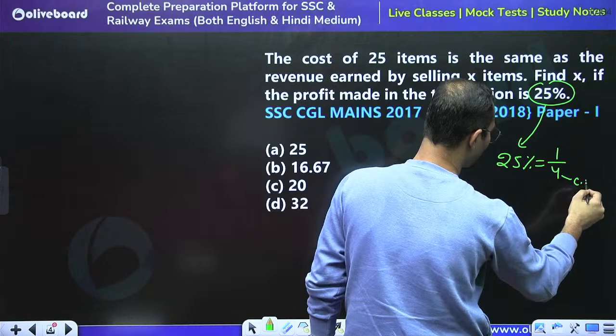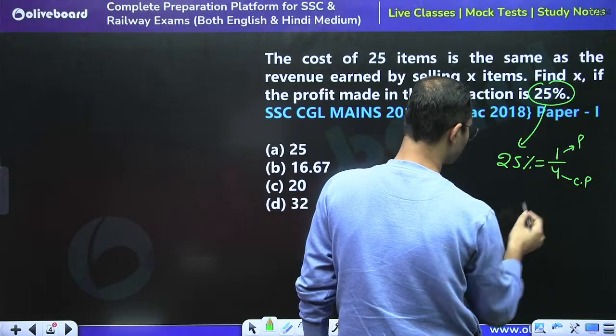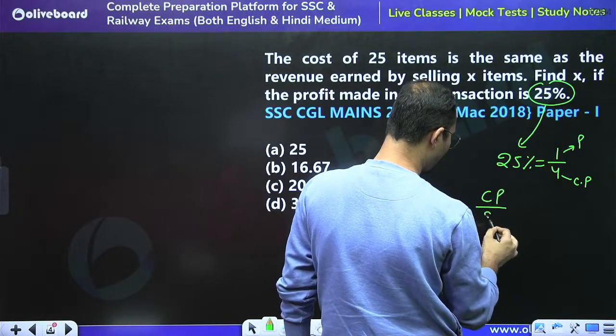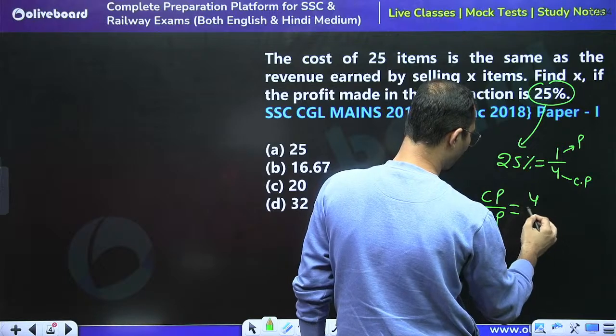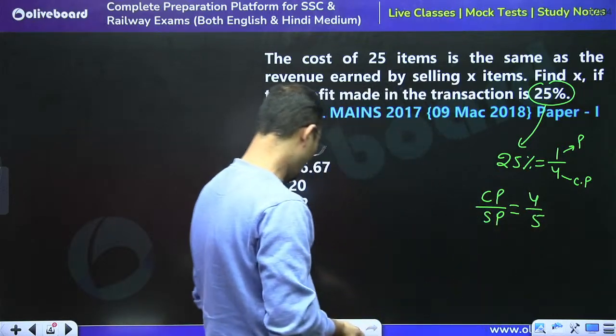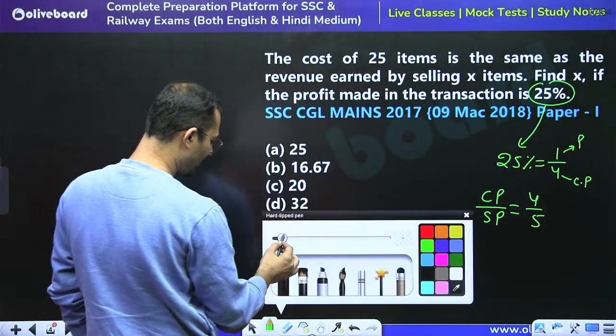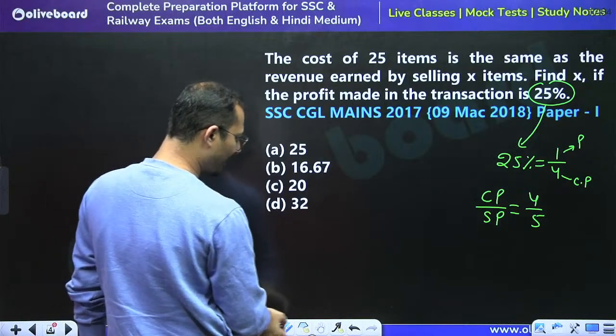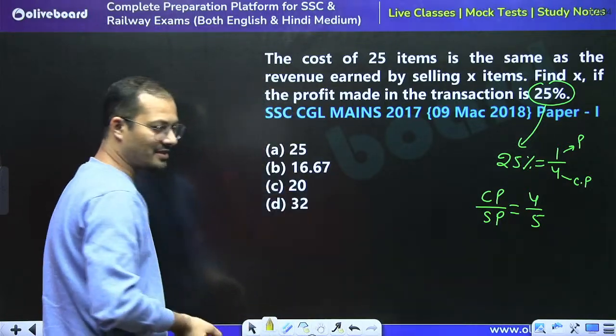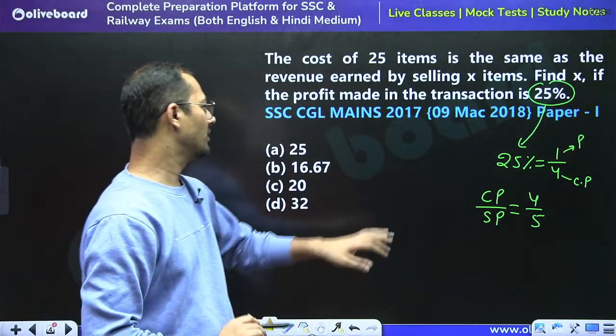So 4 is the CP and 1 is the profit. So CP upon SP is equal to 4 by 5. Do you agree with me? Yes sir, we agree with you 100%.